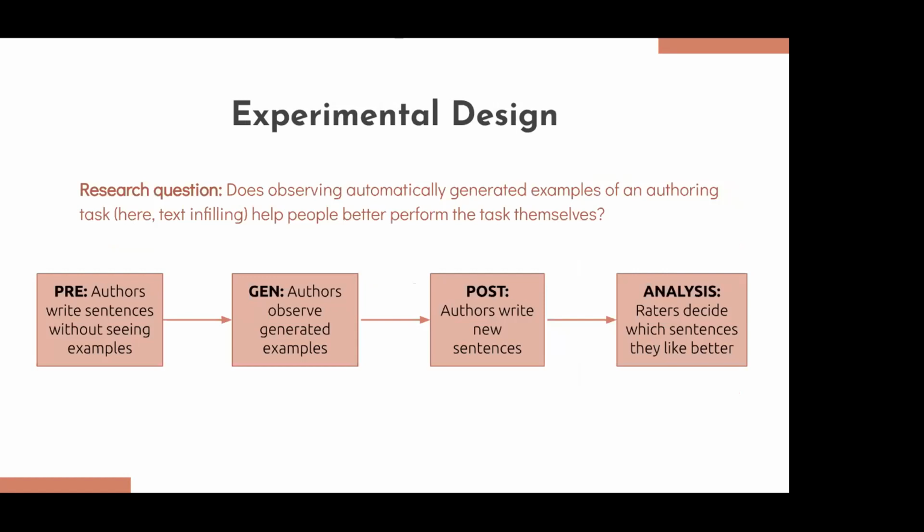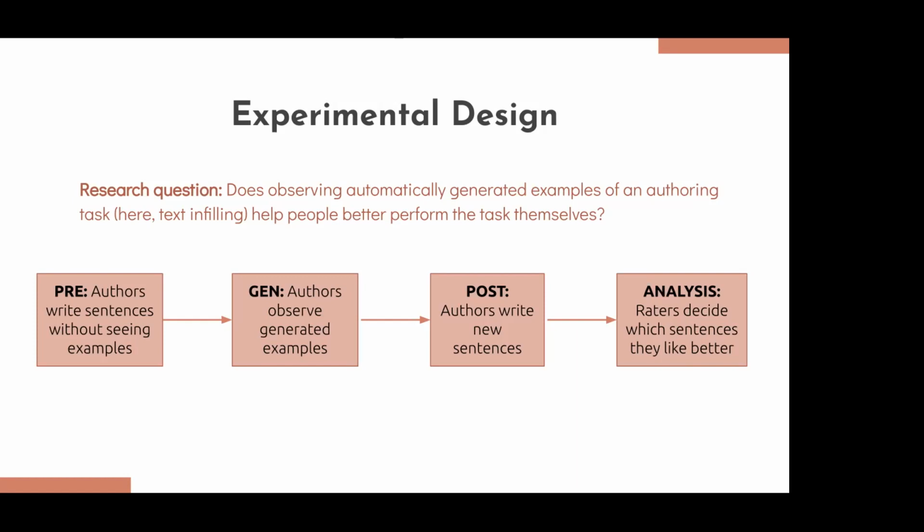So I just want to talk about the experiment that we did to look at text infilling as far as how it relates to augmenting human creativity. So the research question associated with this work was, does observing automatically generated examples of an authoring task, in this case, our authoring task is text infilling, does that help people better perform the text infilling task themselves? So that's what we were trying to get at, can just seeing automatically generated text actually influence the authoring process?